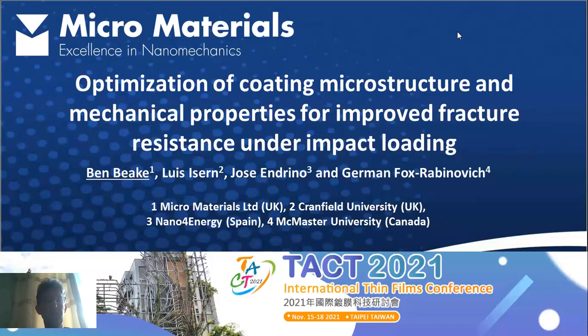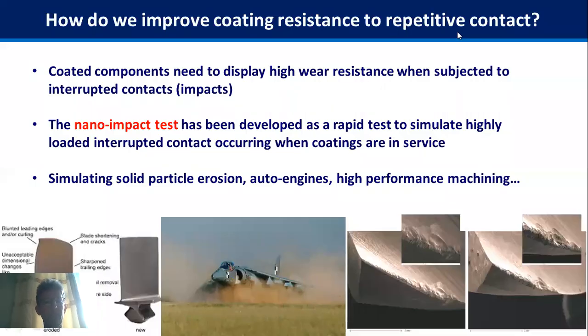So I'm going to be talking about the optimization of coating microstructure and mechanical properties for improved fracture resistance under repetitive impact loading. Coated components need to display high durability and wear resistance when subjected to interrupted contacts.